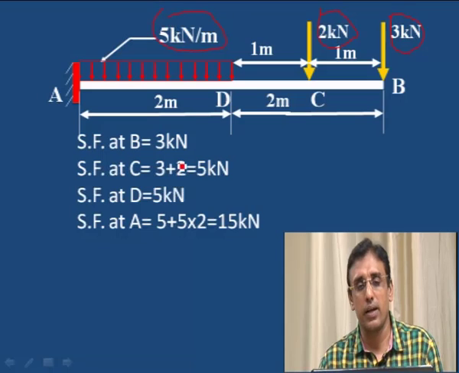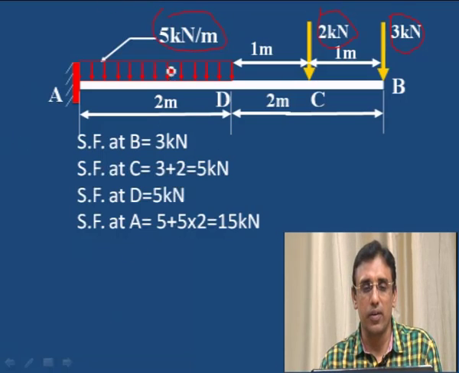Here we should not add 5 kilonewton per meter. We have to add 5 into 2, which is 10 kilonewton, plus 2 plus 3, that is 5 plus 5 into 2. 15 kilonewton is the total shear force at A, the maximum shear force at A.